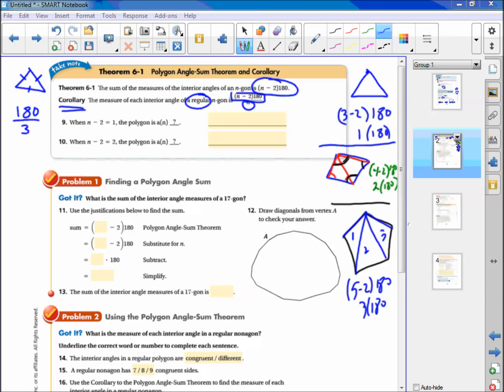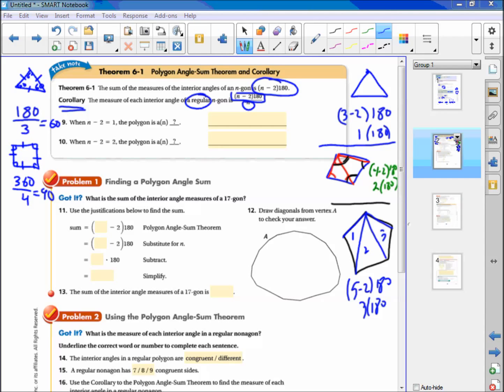If we divide by how many sides, we get each angle is 60, which is what we already knew. Same thing for a square. If we know the total inside is 360, then if we divide by how many sides there are, which is 4, we get 90-degree angles.